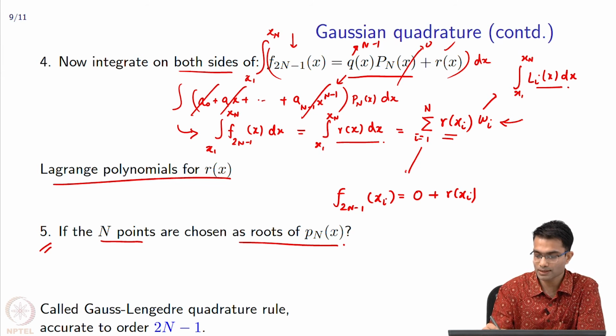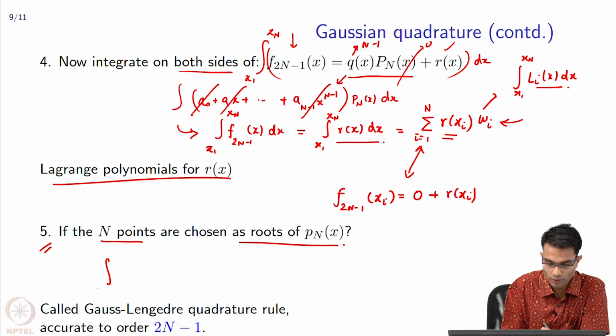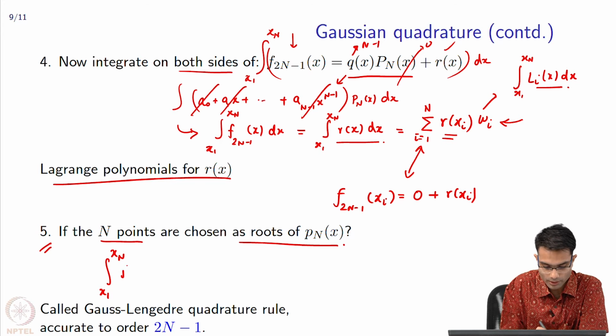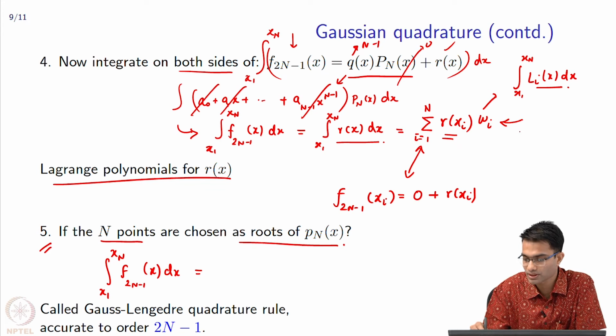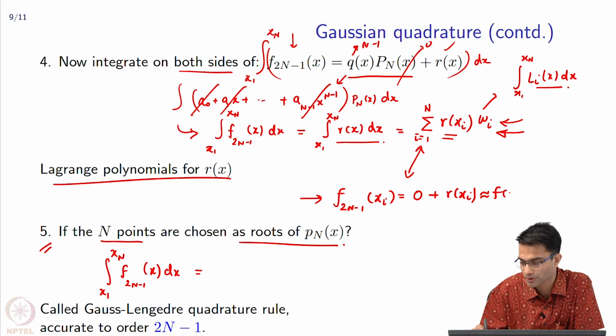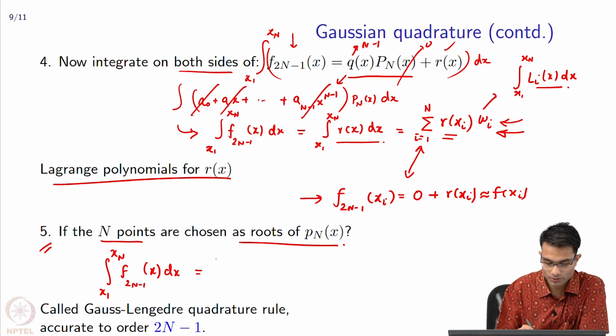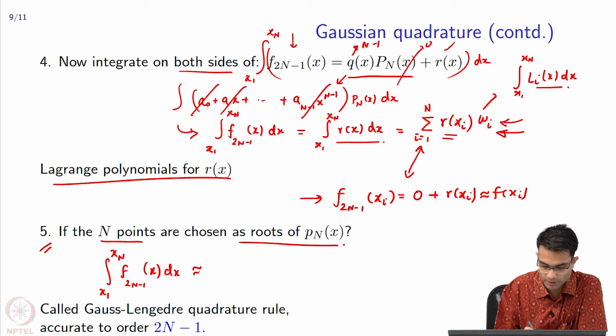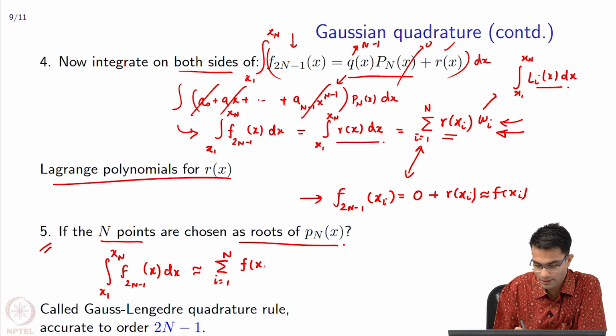So, putting this and this together, the integral from x_1 to x_n of f_{2n-1}(x) dx is equal to, now I will use this guy over here, but I can replace r of x_i. This whole thing was anyway an approximation of f(x) itself, right. So, approximately the sum over i equal to 1 to n of f(x_i) w_i.